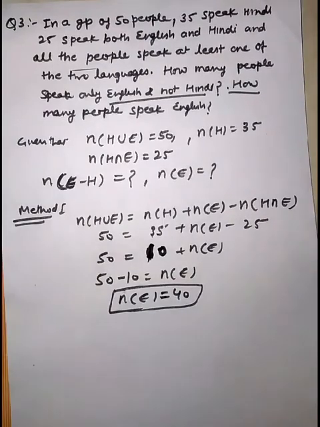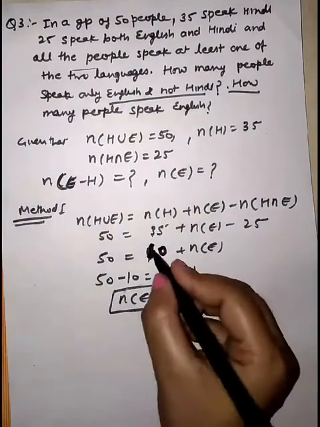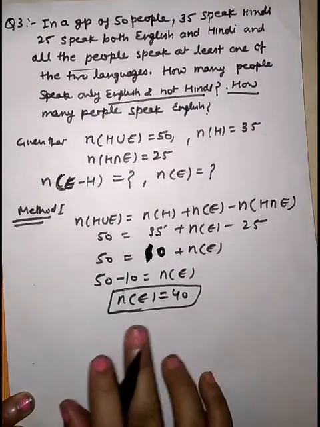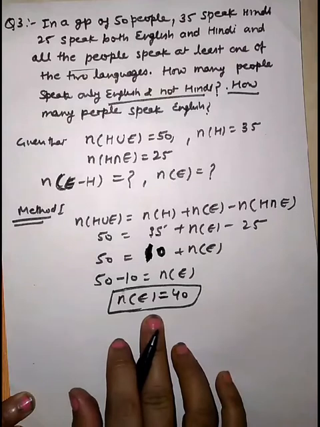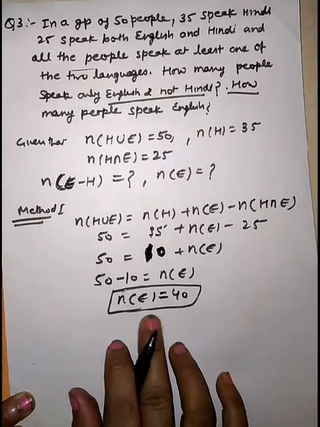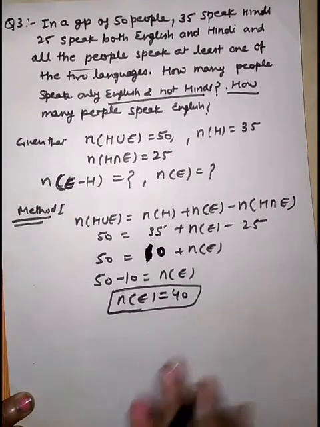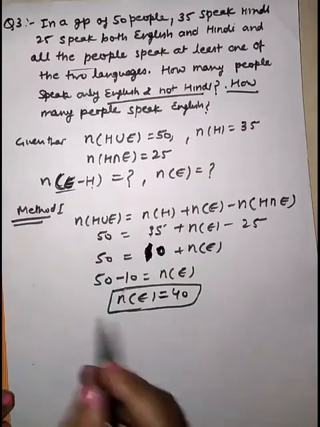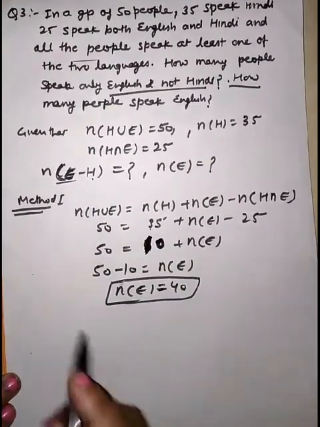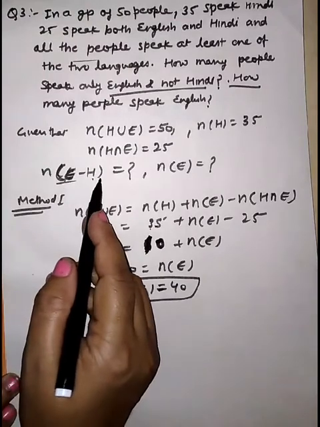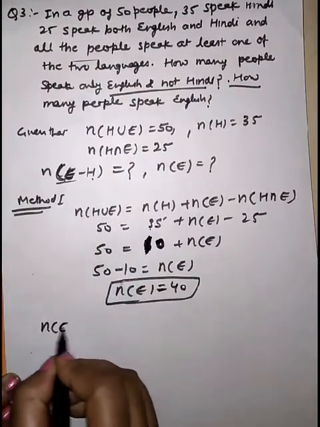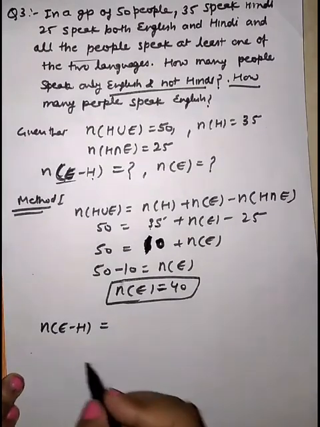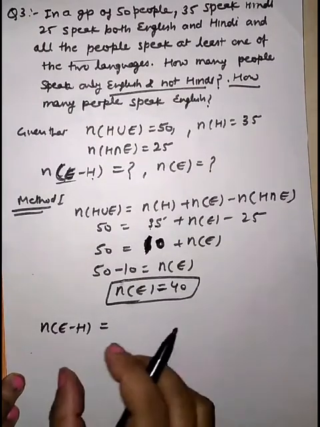This is the value of n(E). It means those persons who speak English are 40. Now find n(E minus H). How do we find this?